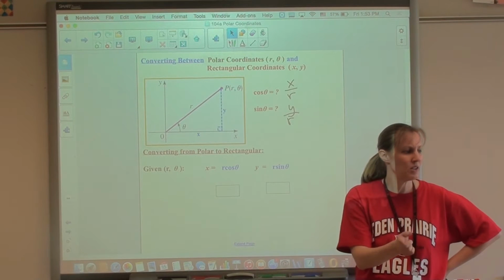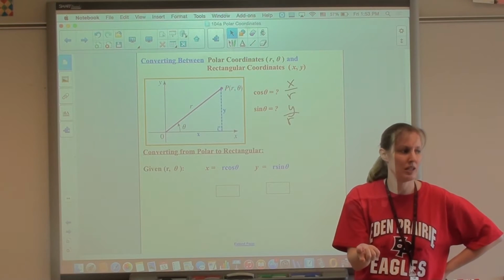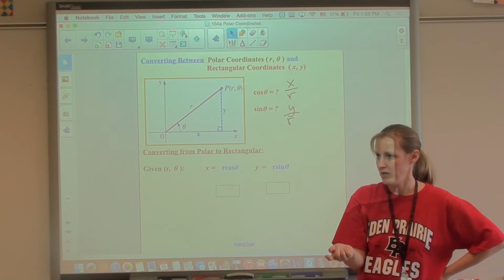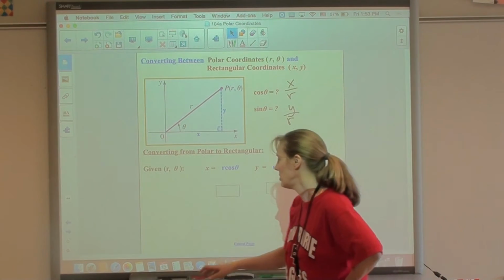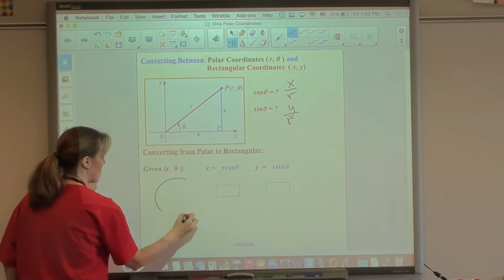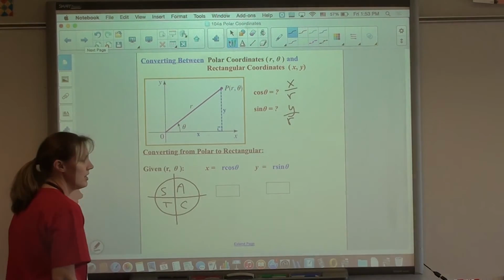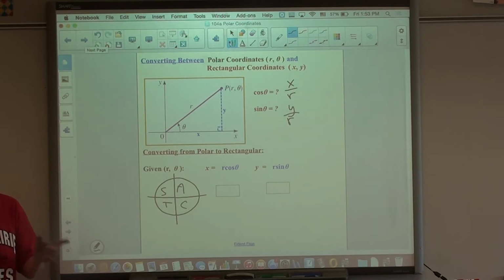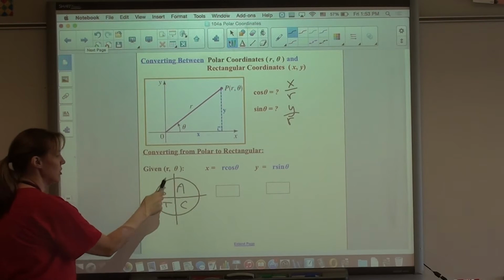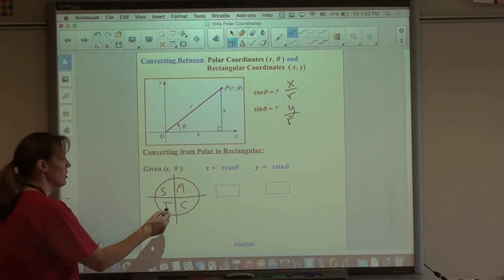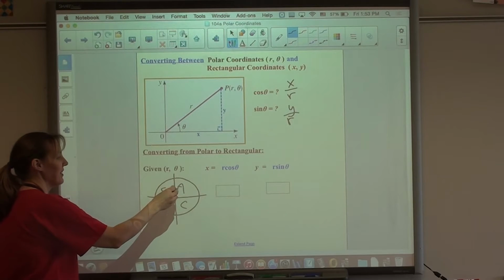Have I taught you guys the "all students take calculus" thing? Have you seen it? Let me make sure you all have it on the video. It's just a little shortcut to remember what's positive and what's negative in each quadrant.